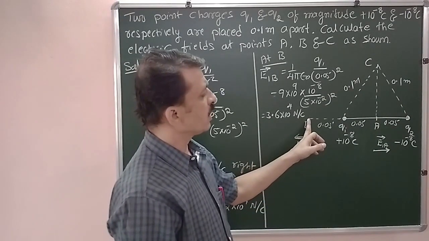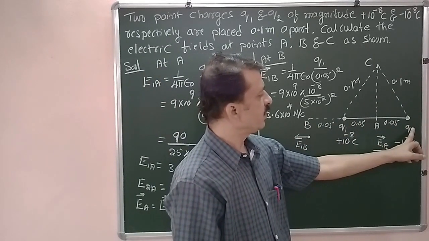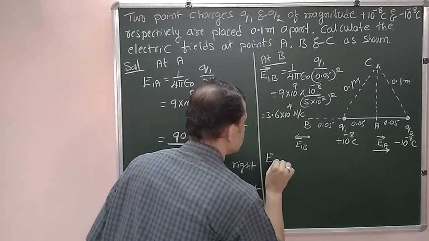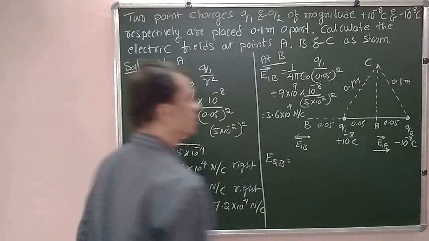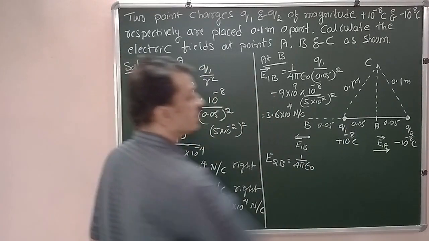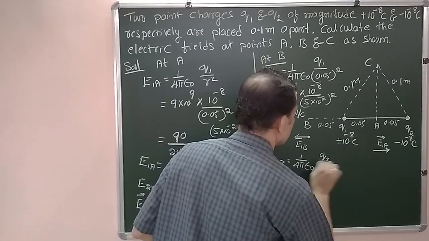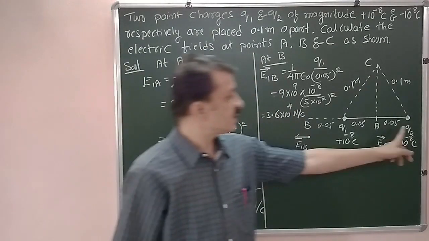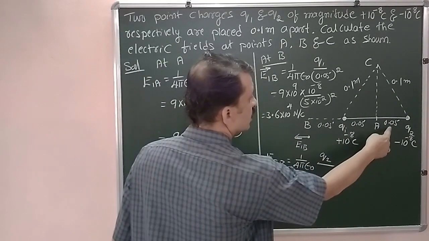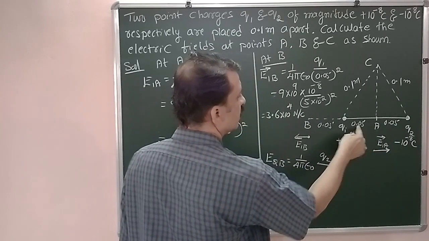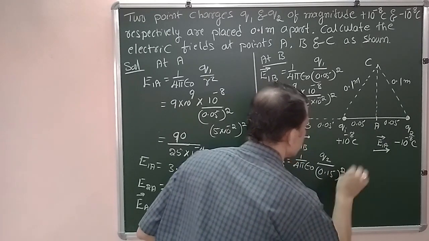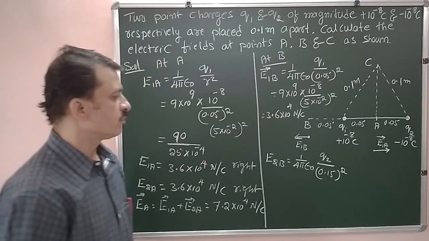Now at the point B, we have to calculate the electric field due to the negative charge. So E2B is equal to 1 divided by 4 pi epsilon naught into that charge Q2 divided by the distance of the negative charge from the point B. So it is 0.05 plus 0.1, that is 0.15 whole square.